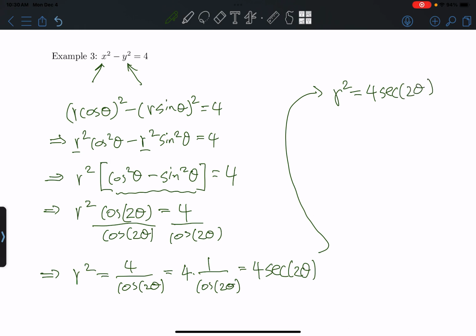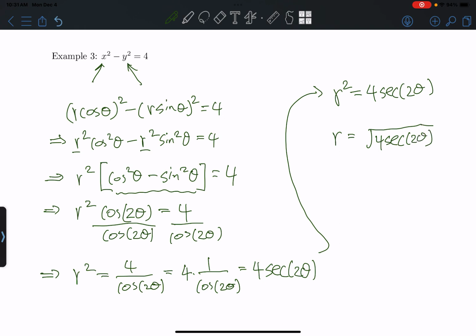Now this is where it's going to work out a little bit different than before. Previously, we wanted r to be exclusively by itself. In other words, we want what we call an explicit formula, a function of theta for r. But this time, if you want r by itself, you have to take the square root of both sides. If you take the square root of both sides, you get r equals the square root of 4 secant 2 theta.